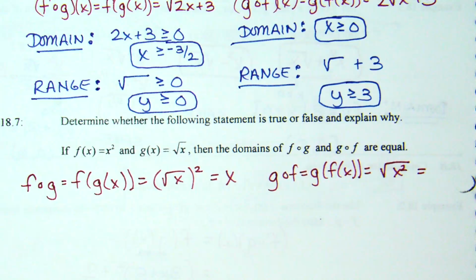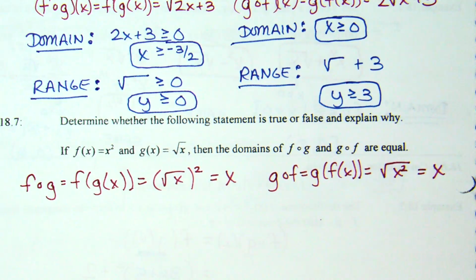If we just look at the fact that Fogg and Goff are x, what is our domain? All reals, because x can be anything, yes? However, you know there's a but here. How did we get each of these? So, if we look at Fogg, how did we get that x?